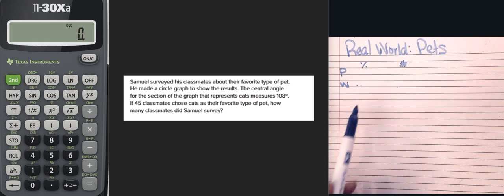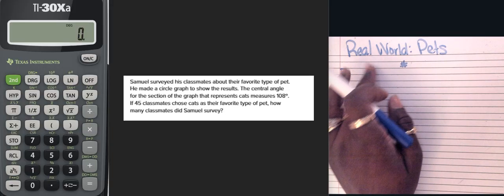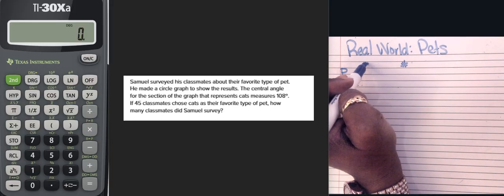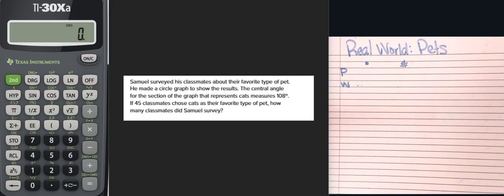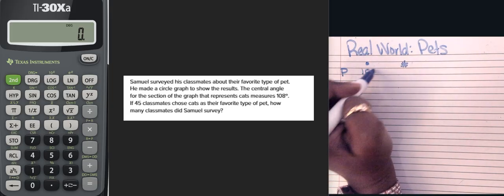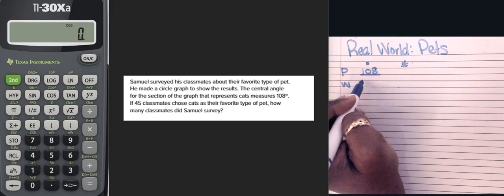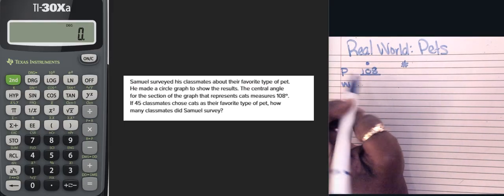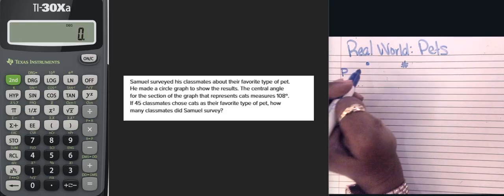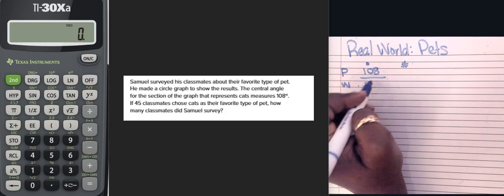So what do we know in terms of the part to the whole? We need degrees. What we have is 108 degrees as our part, and always when we're talking about a circle, the whole is going to be 360. So I'm going to write that again: 108 over 360.